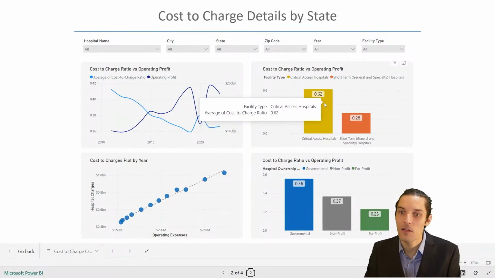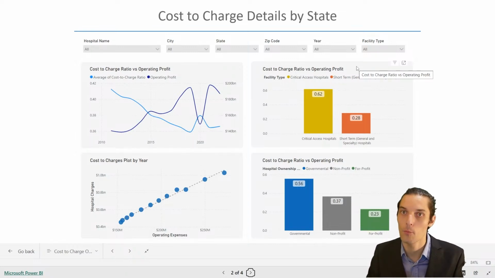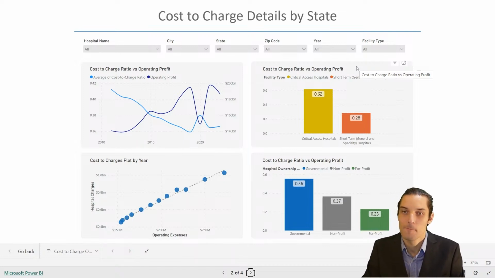And so even though it doesn't look like there's a big difference between your cost to charges, in this case they're incurring so much volume and serving so many patients that this 40% margin between your costs and charges makes a big difference, because they are serving so many patients on a day in and day out basis that they have to be more in line, and their processes are more streamlined than your short-term facilities.